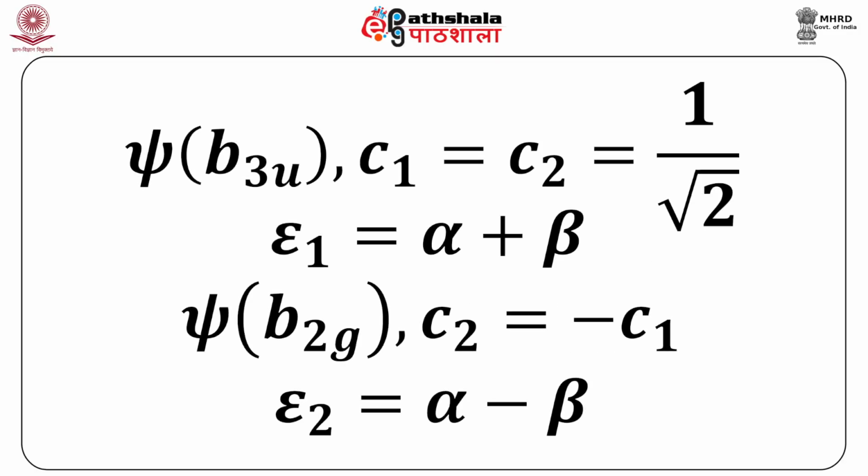For psi B3u, C1 is equal to C2 is equal to 1 by root 2, the normalized coefficients, and hence epsilon 1 is equal to alpha plus beta. Similarly for psi B2g, C2 is equal to minus C1, and epsilon 2 is equal to alpha minus beta.